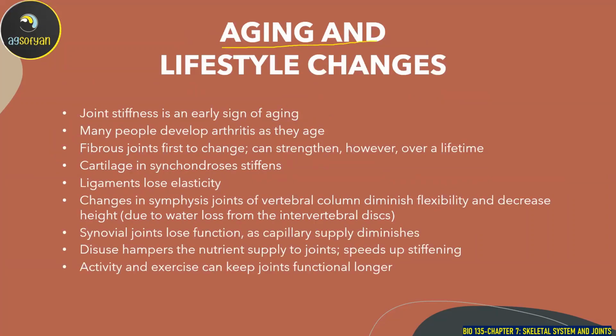And aging and lifestyle changes. When we get older, there are some problems with the joints, like joint stiffness. This is usually the early sign of aging, so it is more difficult to move in some joint areas.